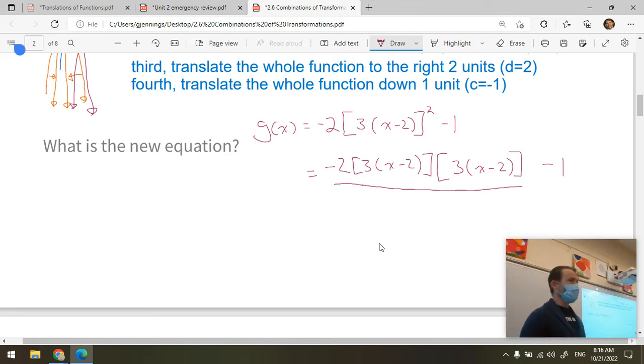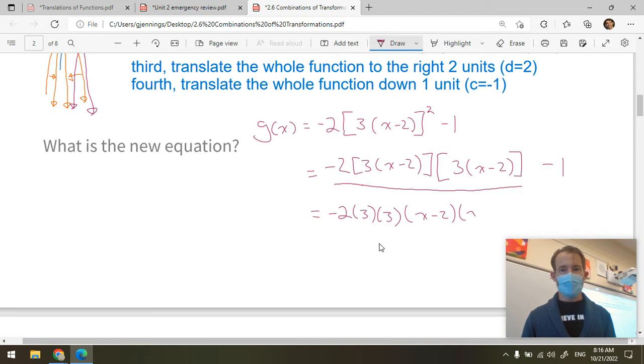My goal is to put this in vertex form. Rather than expanding that out fully and simplifying, I'm just going to notice that I can rewrite these elements in that chain of multiplication in a new order to very quickly put it into vertex form. So I can write this as -2 times 3 times 3 times (x minus 2) times (x minus 2) minus 1.